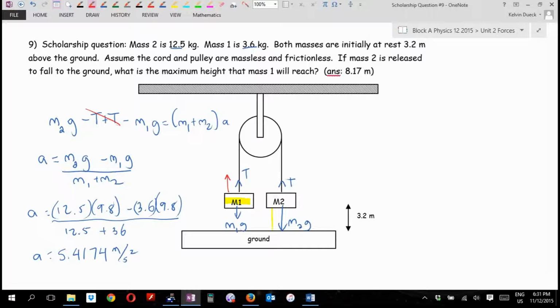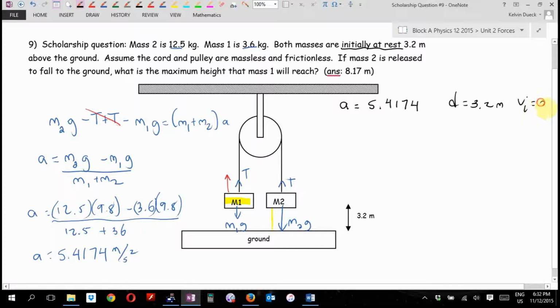It's going to accelerate at 5.4174 meters per second squared for a distance of 3.2 meters. So a equals 5.4174, the distance is 3.2 meters, and initially at rest, VI equals 0.